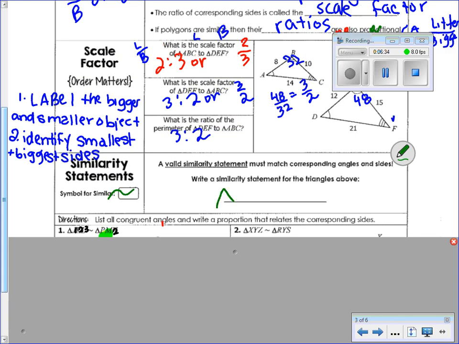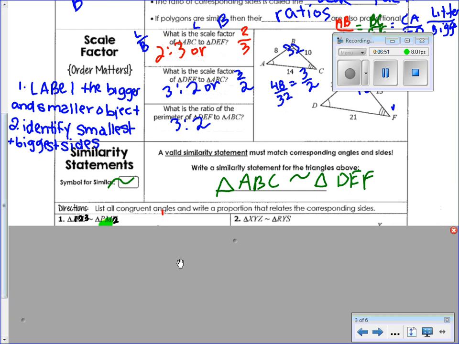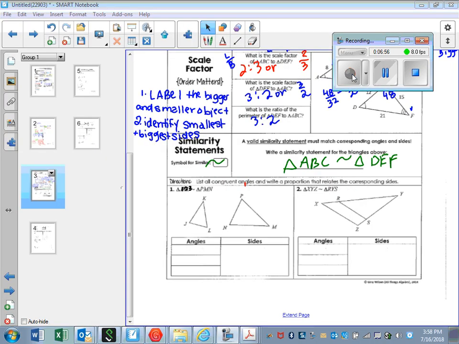I'm going to write a similarity statement about the triangles above. So triangle ABC is similar to triangle DEF, and they have to be in the appropriate order. Okay? So if you need support with the problems, I will do number 1. You should be able to do number 2 and 3. I will help you with number 2.